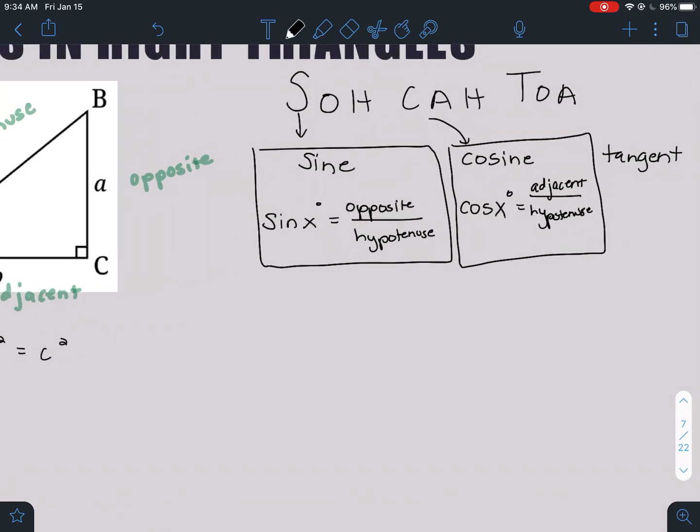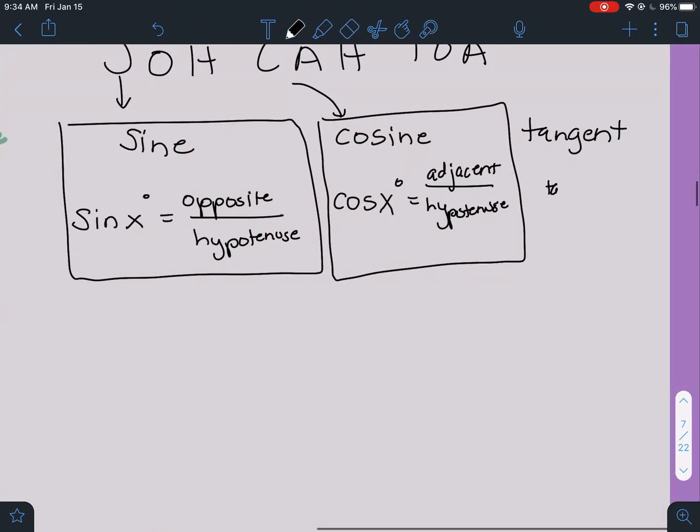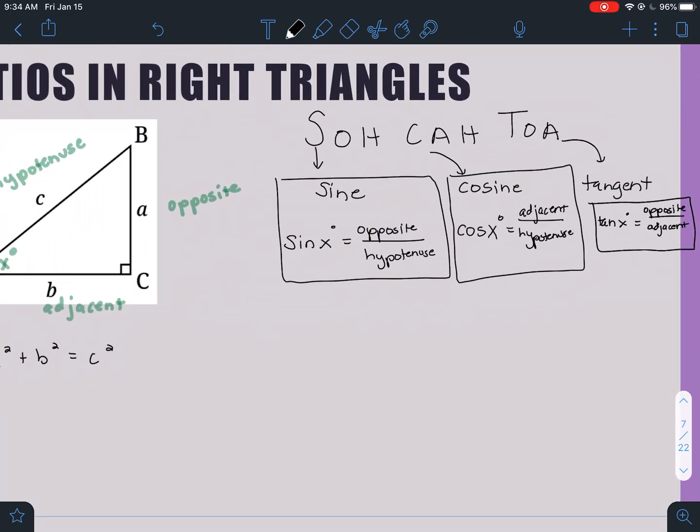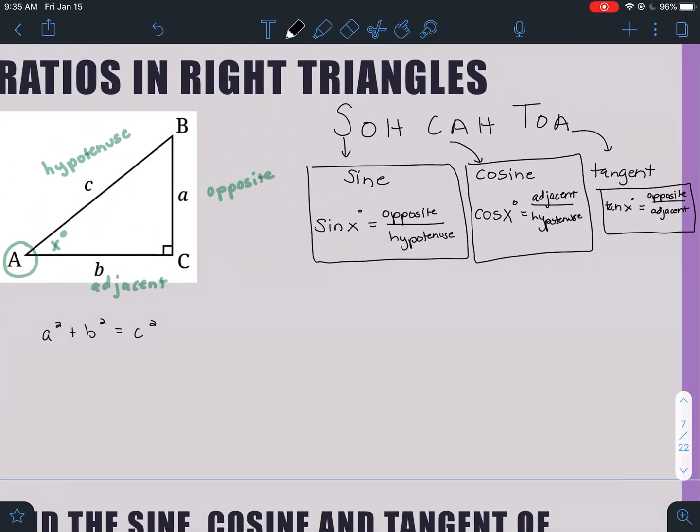Tangent, we abbreviate TAN, and the tangent of angle X, notice tangent is TOA, so it goes with O and A, so it goes with the opposite and the adjacent. So the tangent of an angle is equal to the opposite side divided by the adjacent side. That's the tangent ratio. So we have SOH CAH TOA.